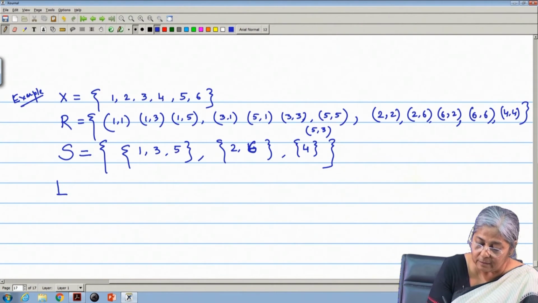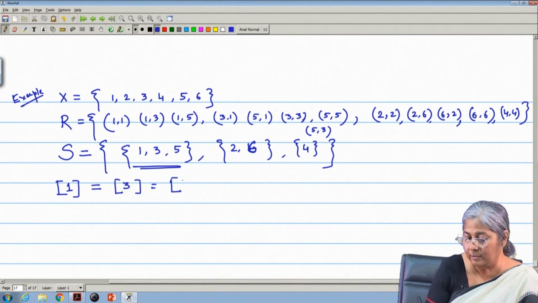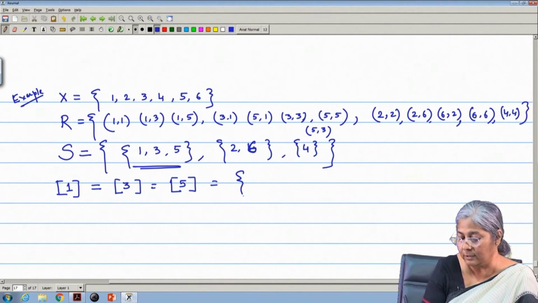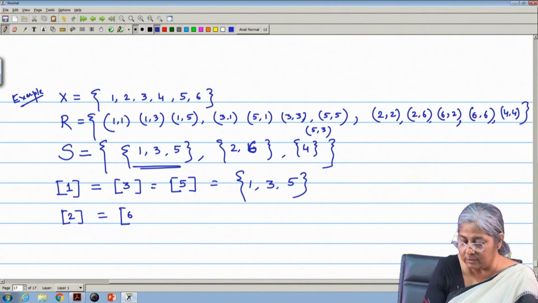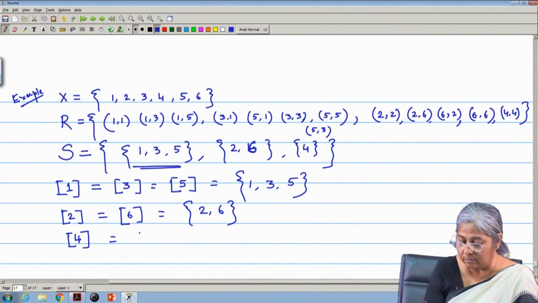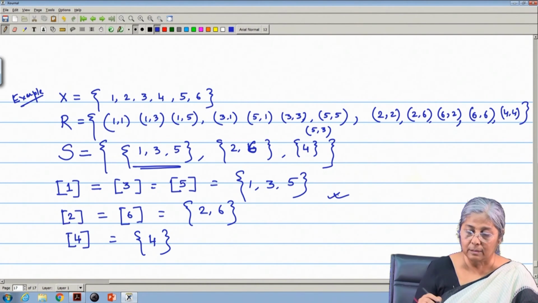Since this is my related elements 1, 3, 5, I can tell this can be written as the box 5, the equivalence class, and they are actually 1, 3, 5. Similarly, my equivalence class of 2 or 6 can be only 2 elements, 2 and 6, and for 4 only 4 is there. So, this is one example of equivalence class.